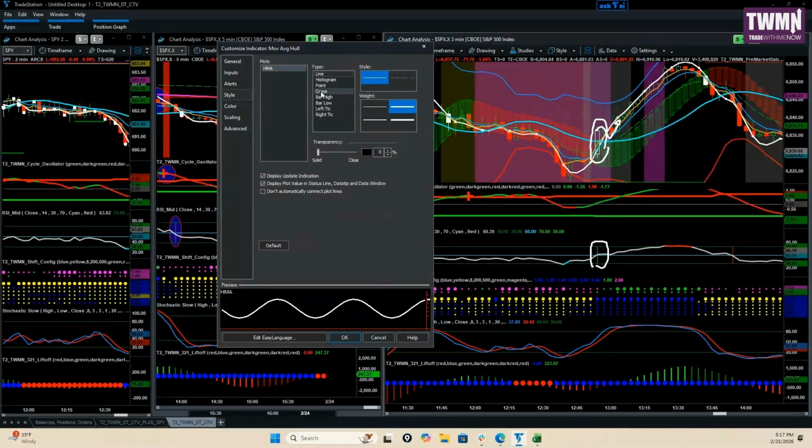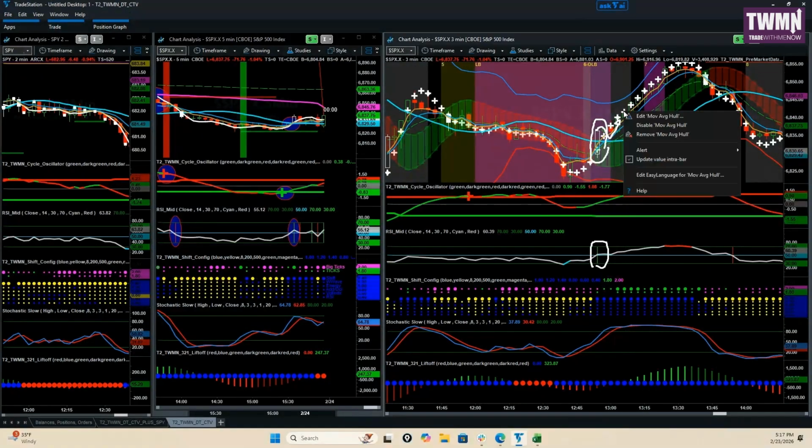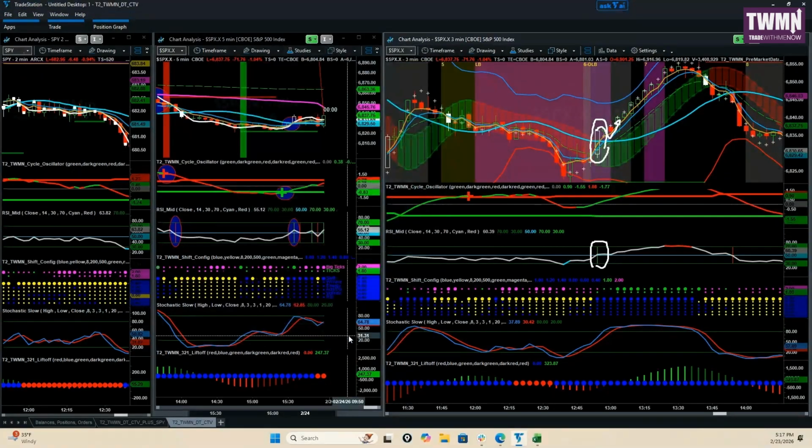You got to set it for your crosses. You can change it to crosses, and you can make big fat crosses like that, or you can go back and make them smaller. You can make little crosses like that. If they're too big, you can just play around with it.